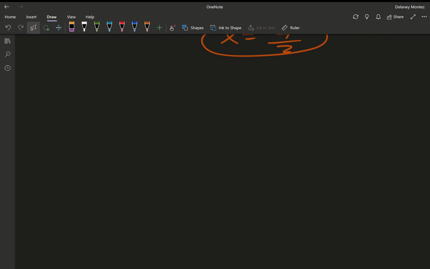Let's see if there's one more example we'll do. This one's easy. Let's try this. You're given 2 lines.